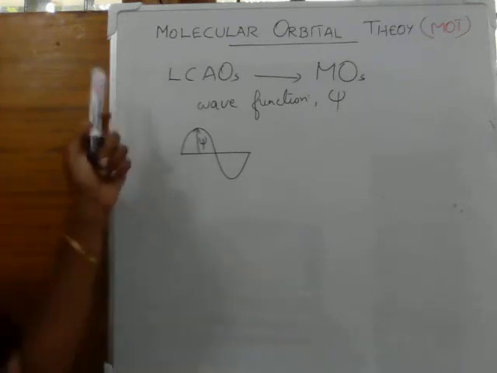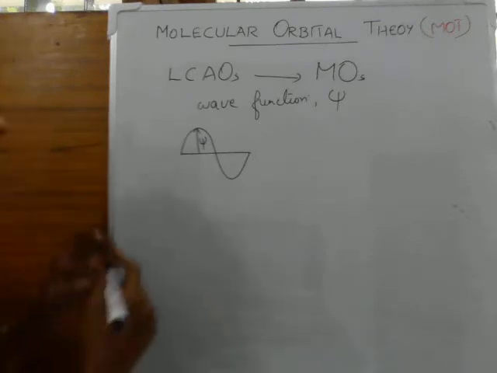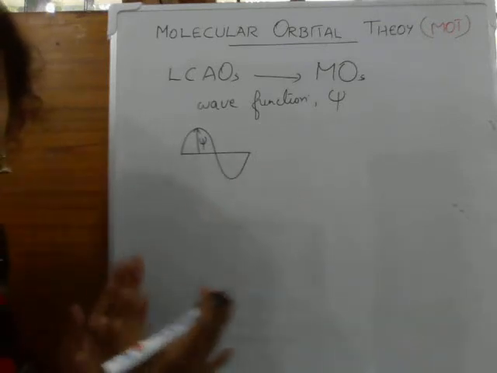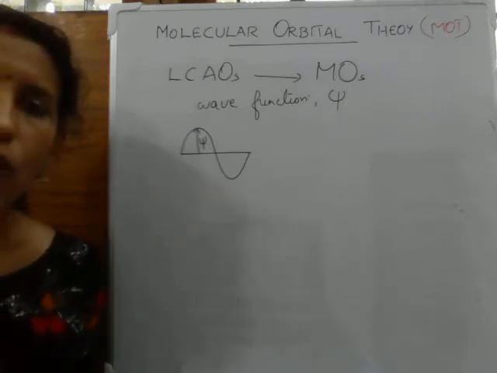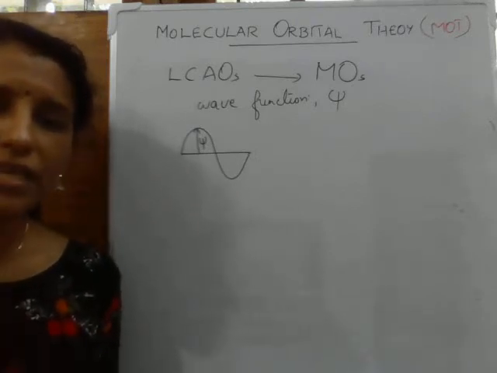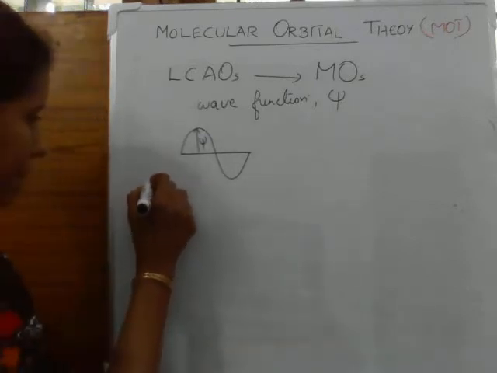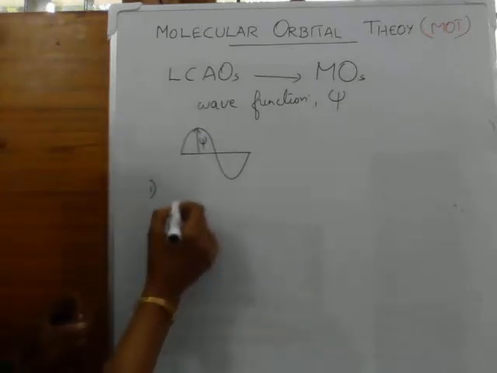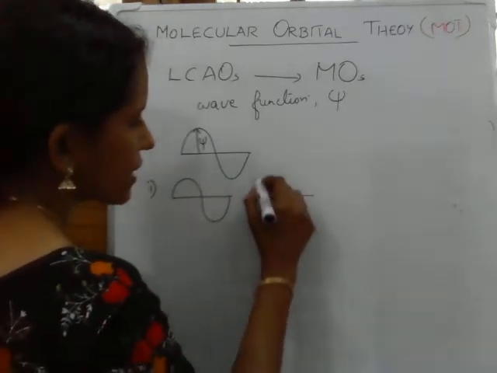So the combination of atomic orbitals can be explained as the combination of wave functions, or the combination of electron waves. Combination of electron waves can be of two types. First one, let this be one wave and let this be the second wave.